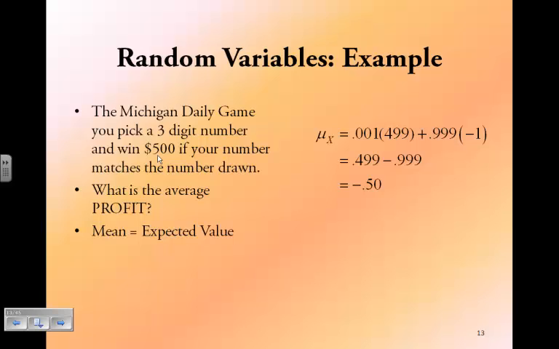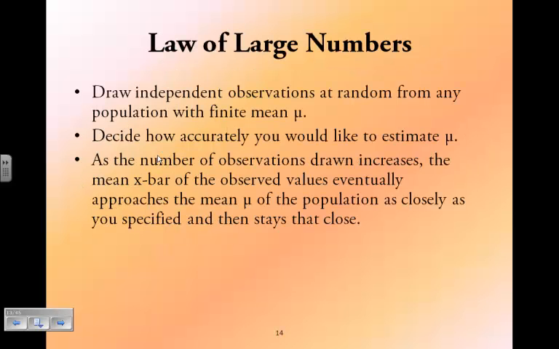The state of Michigan wins because they know that over however many millions of these tickets they sell, the average is -0.50, so they're going to make money. This is called the law of large numbers.